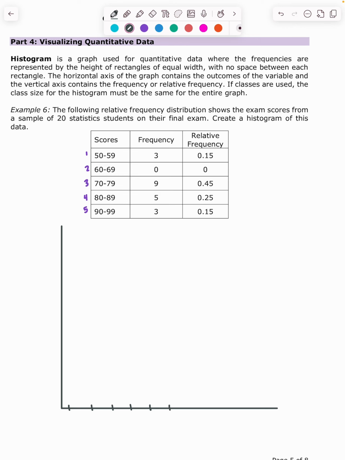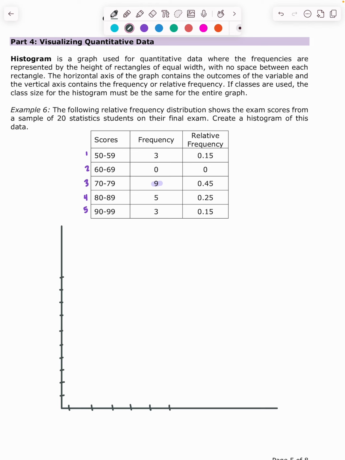And then our vertical axis is going to be the same idea as what we were doing before. So the highest frequency here is 9. So I need to have 9 tick marks or more going up along that vertical axis. 1, 2, 3, 4, 5, 6, 7, 8, 9, 10.